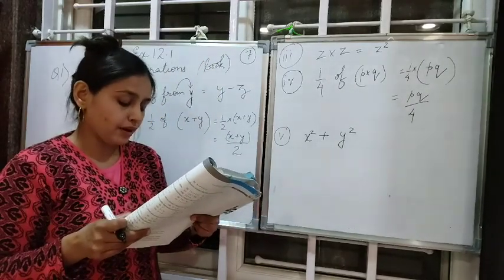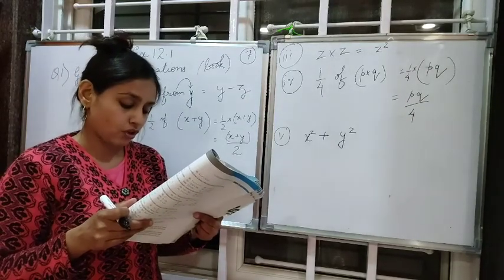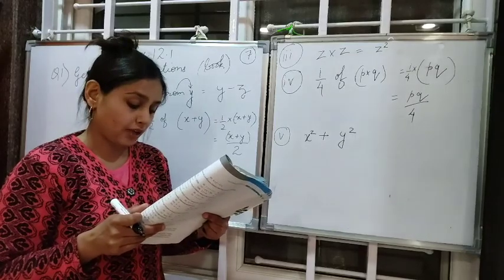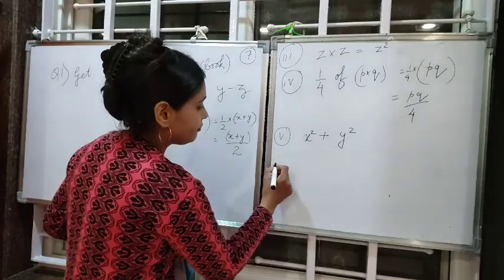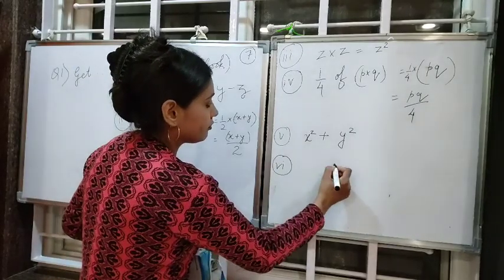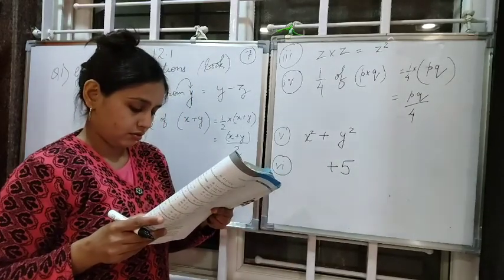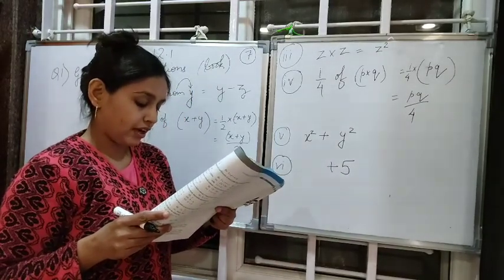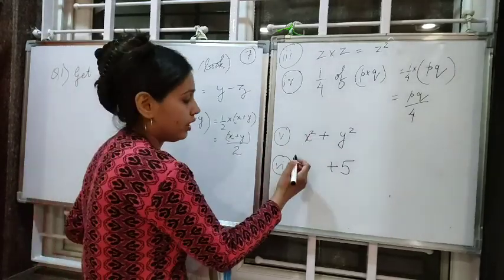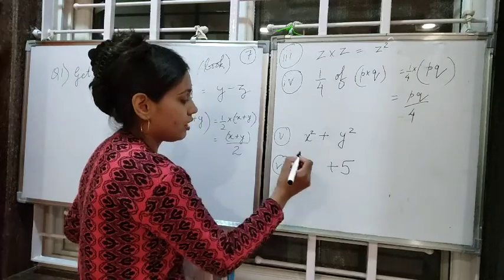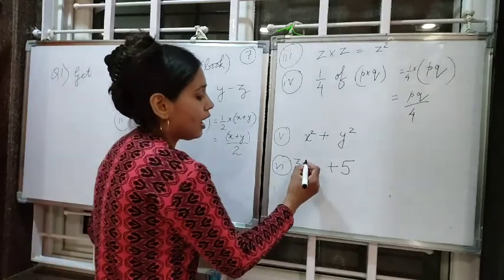Then number 5 added to 3 times of the product of numbers m and n. So number 5 added means plus 5. Number 5 added to 3 times. 3 times means 3 into, right? So 3 times the product of m and n.